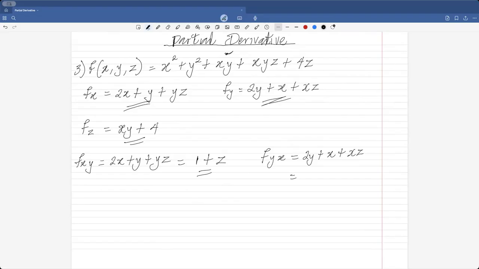Our end result with respect to x, 2y becomes 0. The derivative of x is 1 plus the derivative of xz is z. As you can see, we have the same answer at this point.